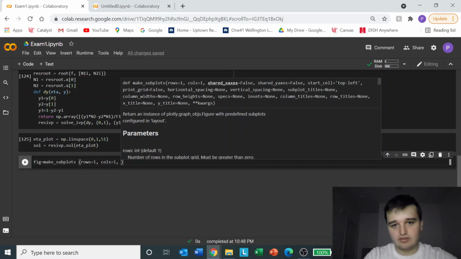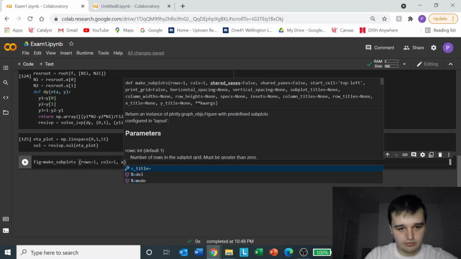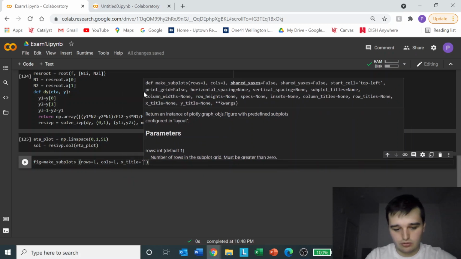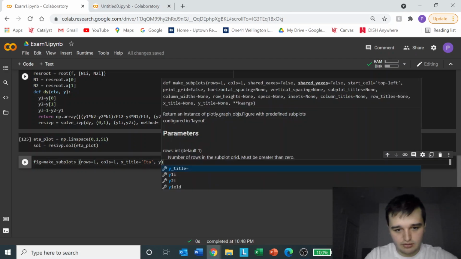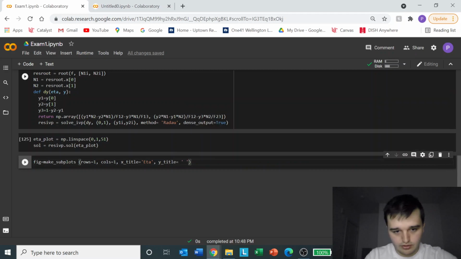And then we want to give these titles too. I like giving them titles. So the x-axis will be called eta, and then the y title will be equal to mole fractions. That's good to me. Okay.